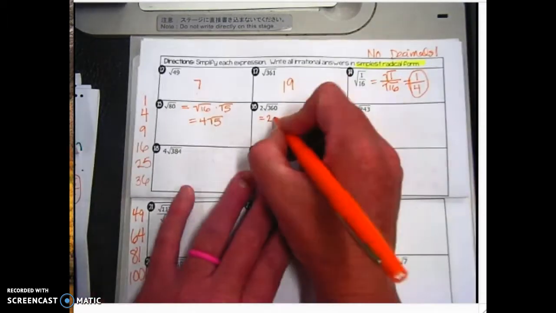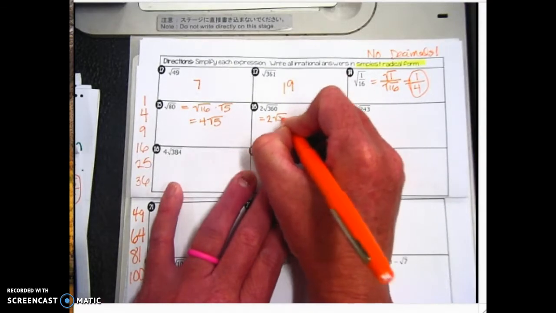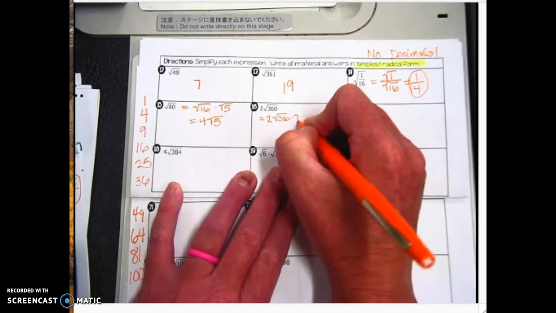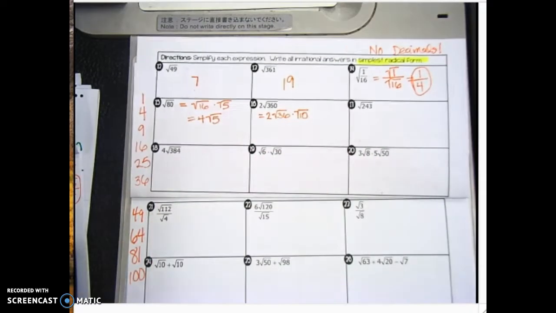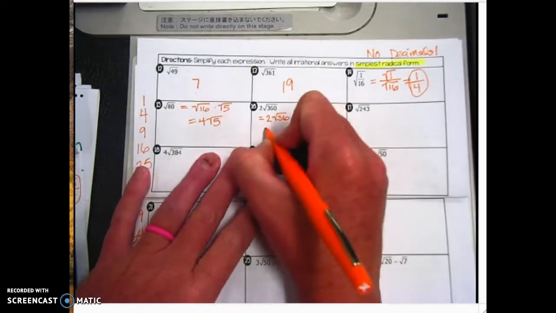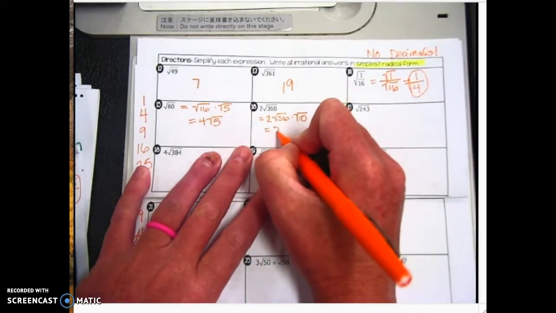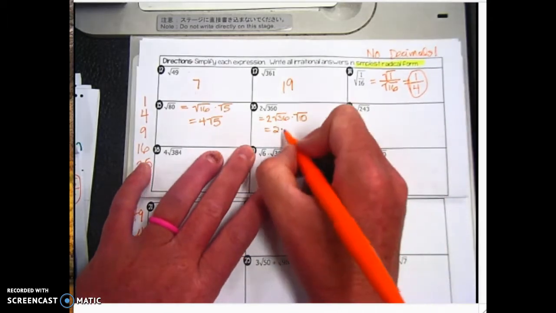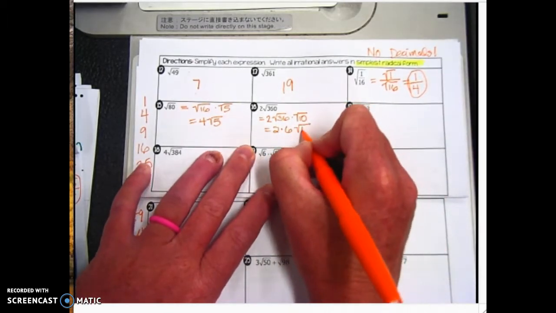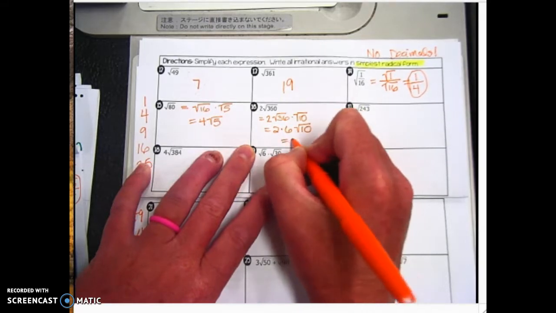So we're going to rewrite it as the square root of 36 times the square root of 10. Because if you multiply 36 and 10 on your calculator, you're going to get 360. So in the next step, I'm going to say 2 times, and then I know the square root of 36 is 6, square roots of 10. 2 times 6 is 12.